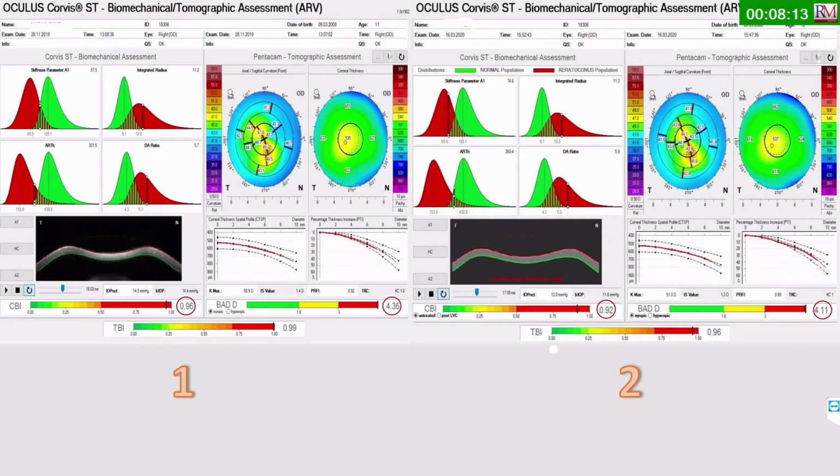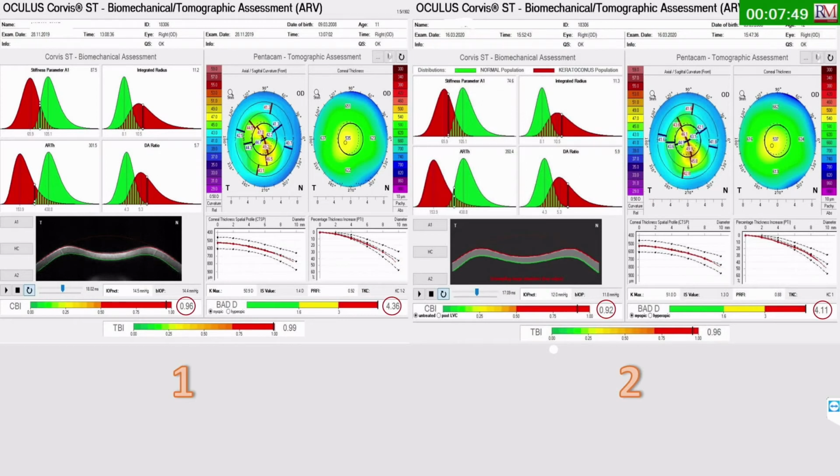As for the TBI, it is an integrated technology in the Pentacam and the Corvis machine. The idea is to incorporate the Belin-Ambrosio values, especially the total D, and the Corvis CBI, or Corvis biomechanical index, together.